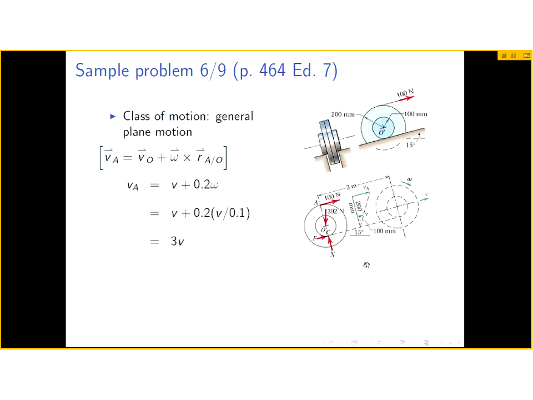Now the authors have used a different argument to get to this. They've used the argument based on the center of zero velocity. That pertains to a section in chapter 5 that we did not cover in the book. So you can ignore the argument. If you've worked through that theory and if you understand it, it's okay, you can use it.